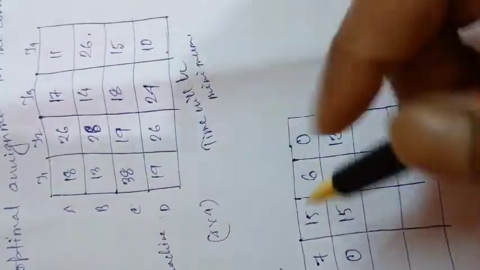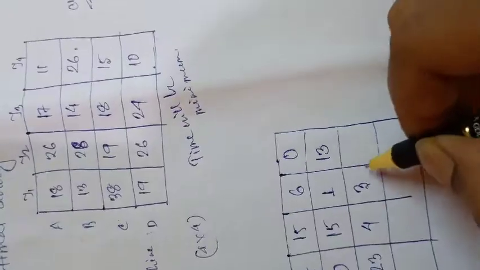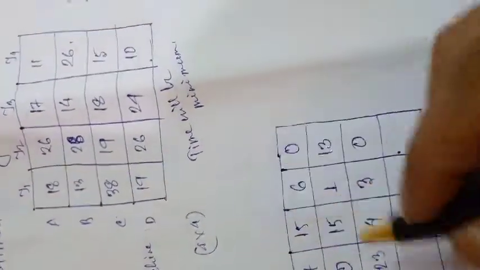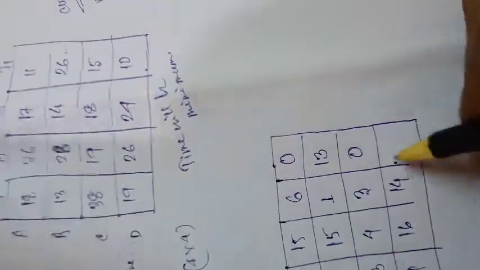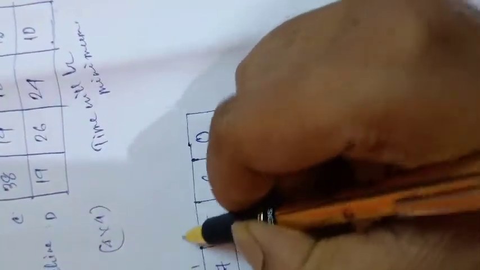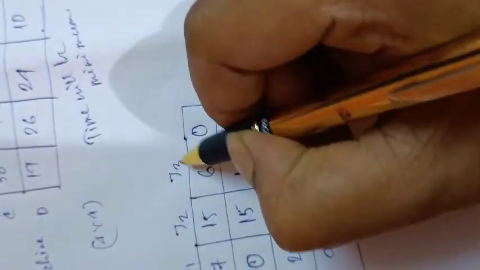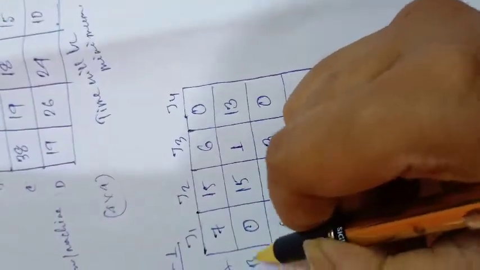In the third row the minimum is 15, so it will be 23, 4, 3 and 0. And for the last one it will be 9, 16, 14, and 0. So now this is table 1. It is J1, J2, J3, J4, and A, B, C, D.